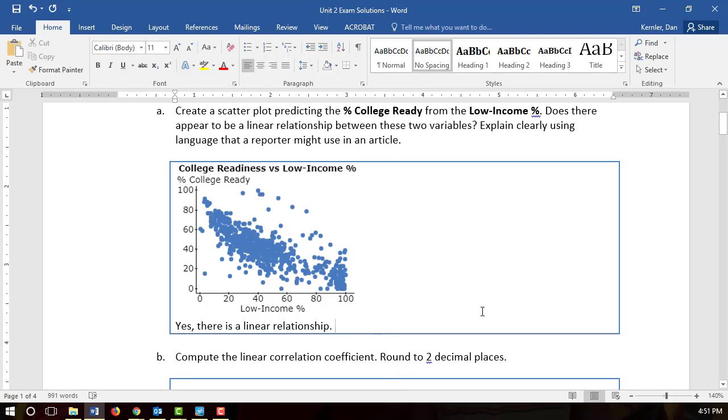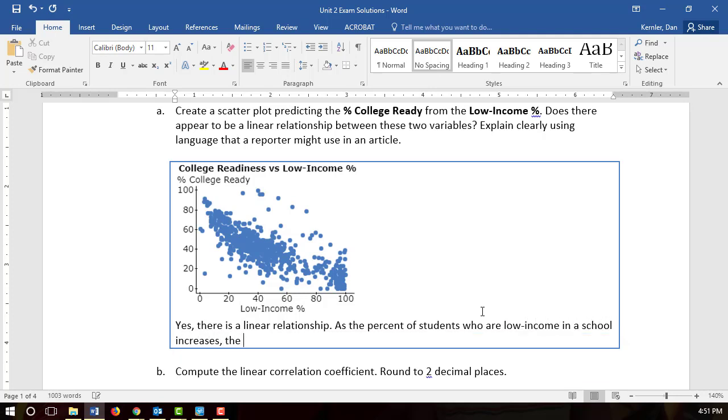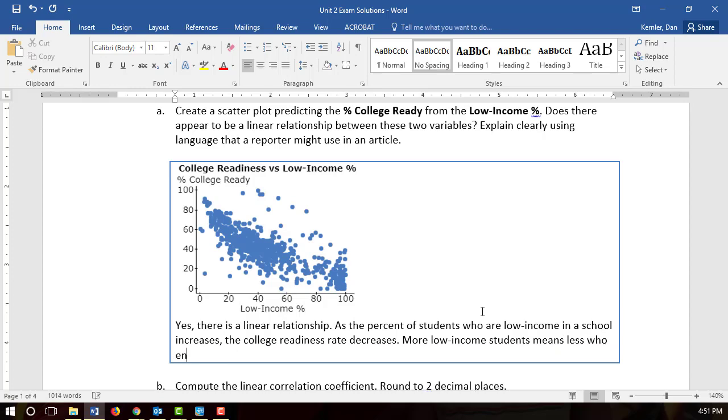So that's just saying as the percent of students who are low income in a school increases, the college readiness rate decreases. Right? So more low income students just means less who end up college ready.